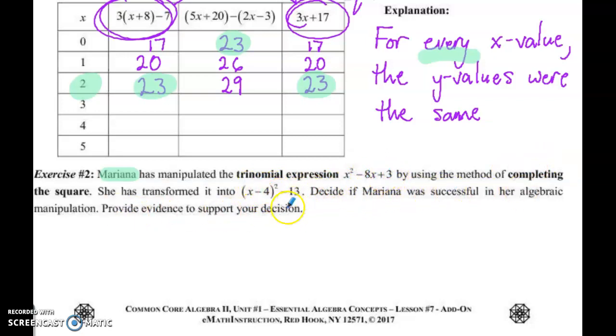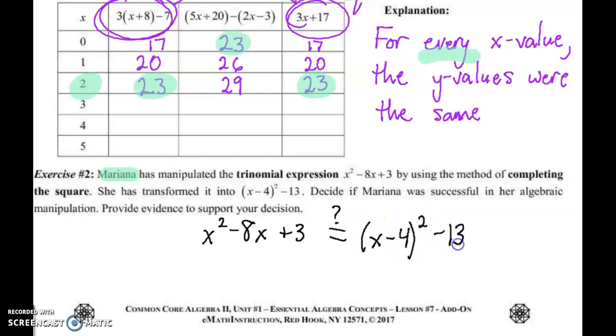So how can we show, using a calculator, that this is still the same as this? So essentially, here's our question. Is x squared minus 8x plus 3, question mark, equal to x minus 4 squared minus 13?